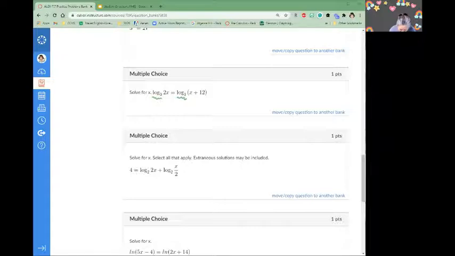Then we can simply compare the 2x and the parenthesis x plus 12. So just compare values of logs. Then I can conclude 2x should be identical with x plus 12.